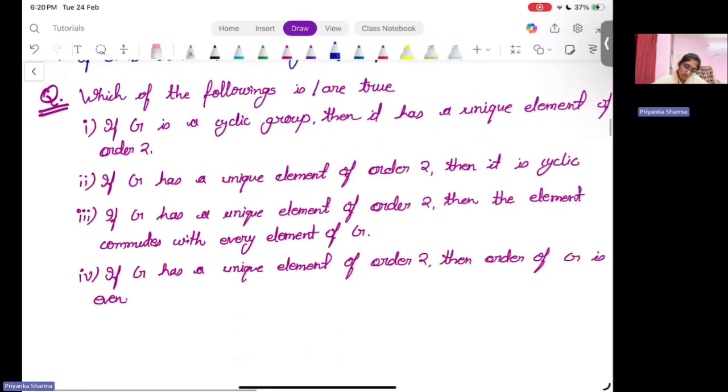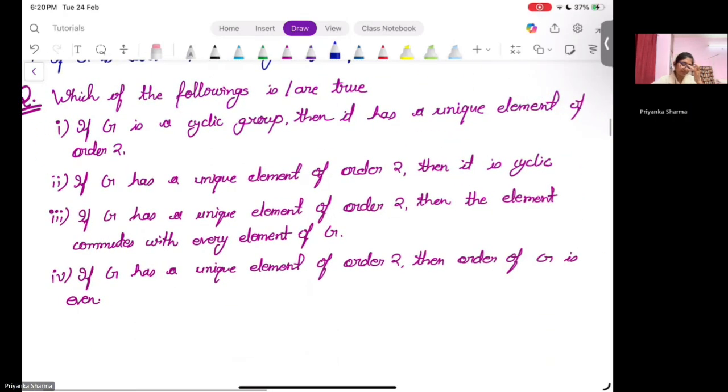Okay, now come to this question. Which of the following is/are true? We have these 4 statements and there can be either one or more than one true statement. So we need to check all. The first statement is, if G is a cyclic group, then it has a unique element of order 2. If G has a unique element of order 2, then it is cyclic.